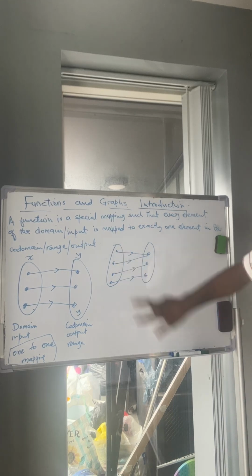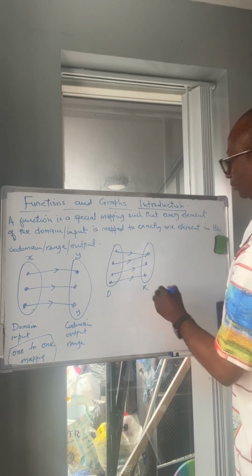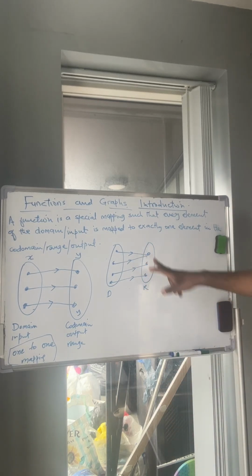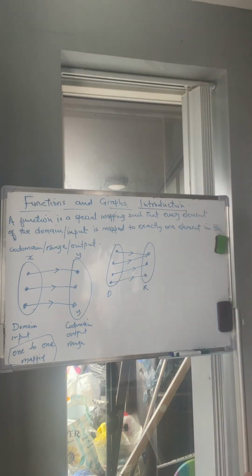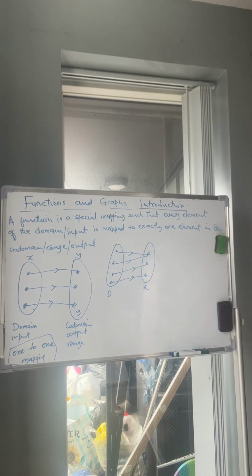Now you have two elements of the domain that are mapped to one element of the codomain. Is this a mapping? Two elements of the domain are mapped to one element of the codomain. Is that a mapping? I can say yes, it's a mapping.